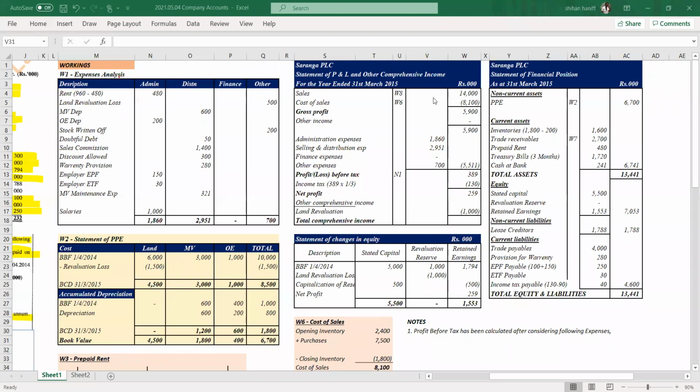Lease interest is not an income, lease interest is an expense. You can take some expenses here. Land revaluation loss 500. Depreciation you can take 800.